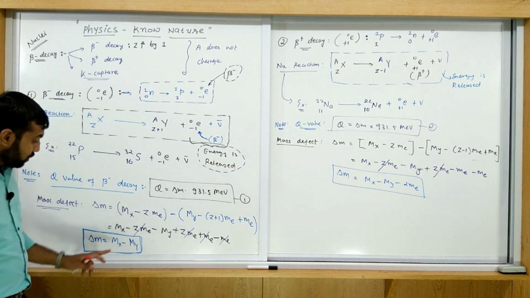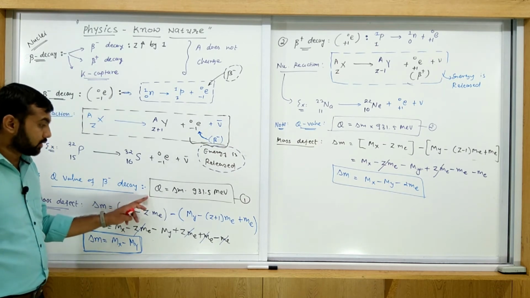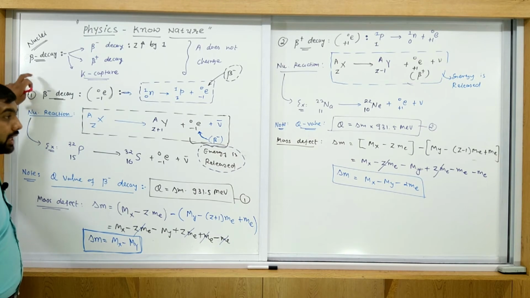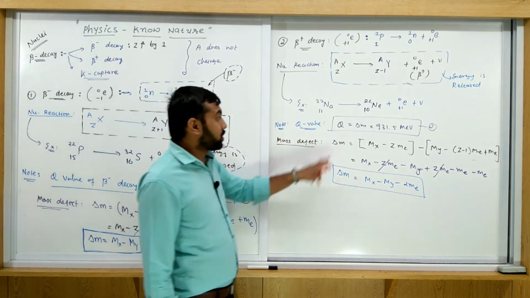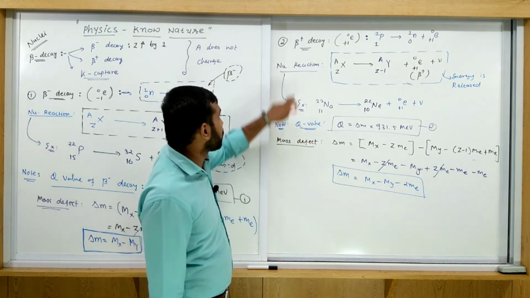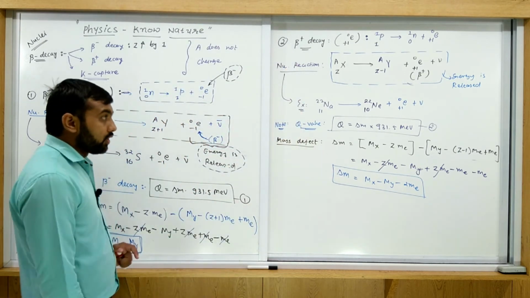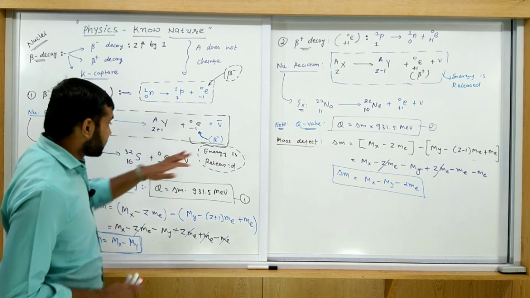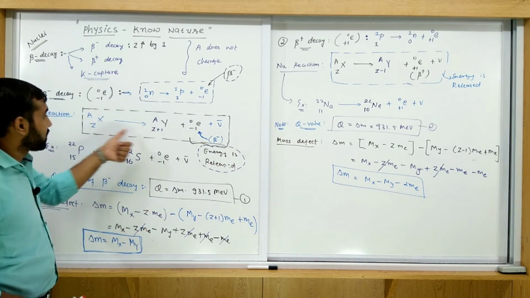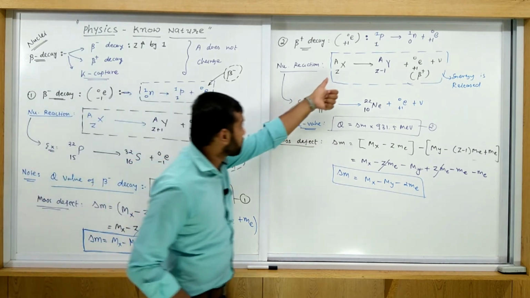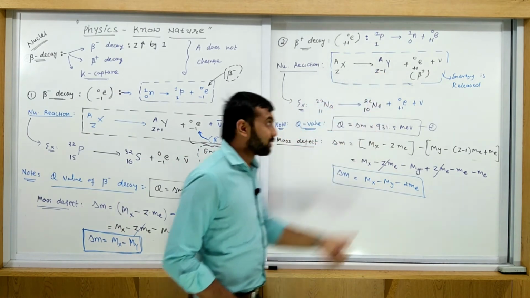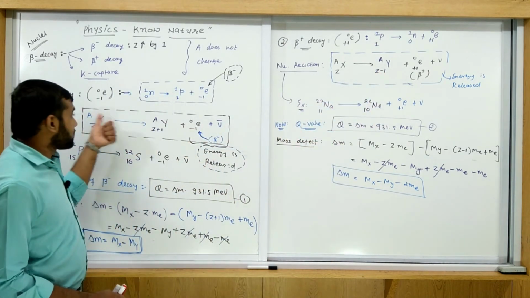If you use this equation, you get the Q value of beta minus decay. If you use this relation over here, you get the Q value of beta plus decay, and both are different. One more note, exactly similar to this one: here Z becomes Z plus 1, here Z becomes Z minus 1, but A stays as it is.